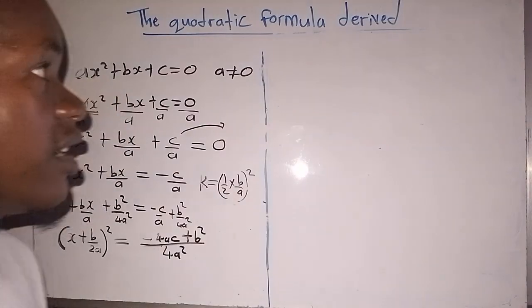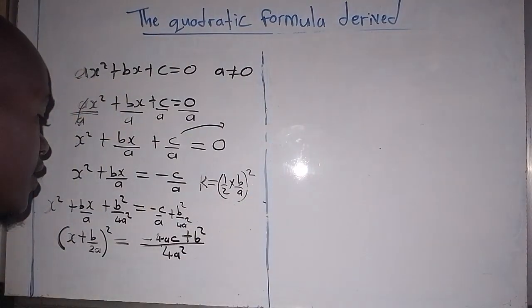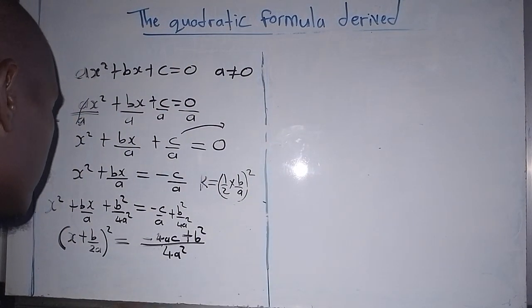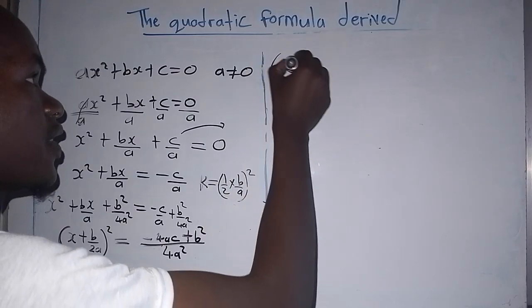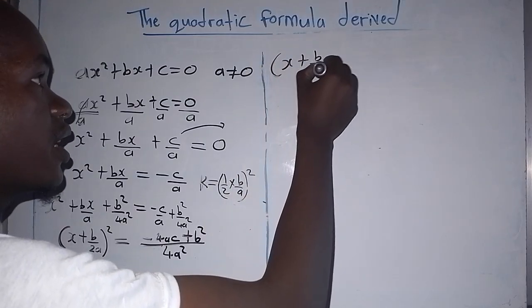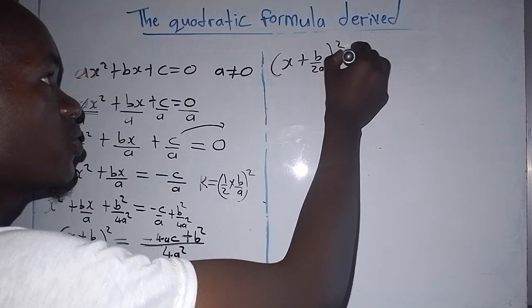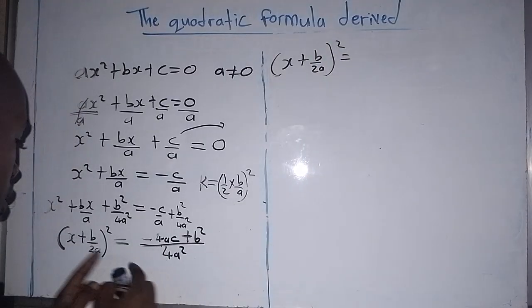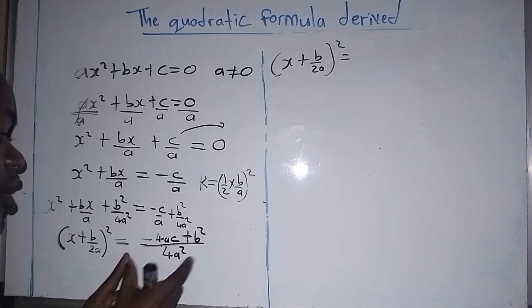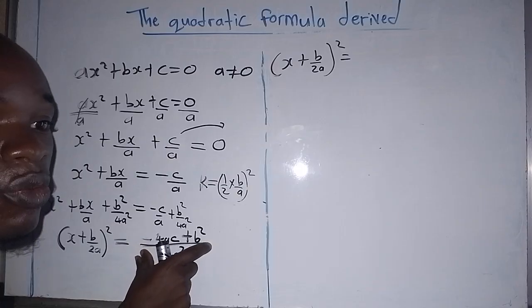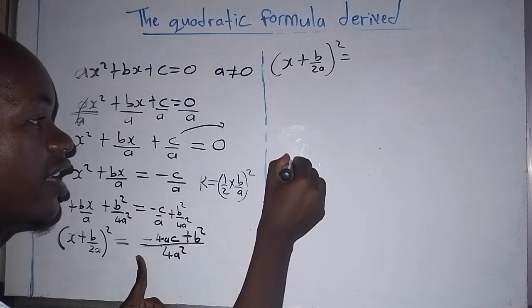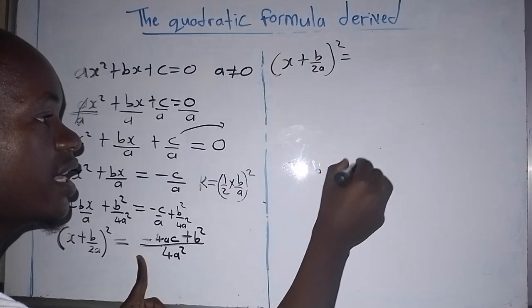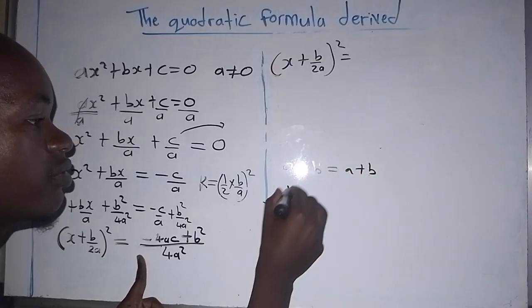Now from there, I'll take it that side where there is space, we have (x plus b over 2a) to the power 2. Actually, I'm just following what is here. Now I want to use the commutative law. If I have a plus b, I will get a plus b. What if I have b plus a?